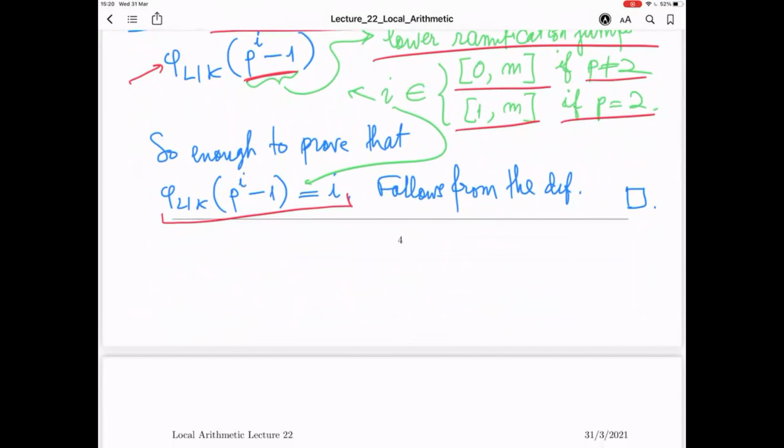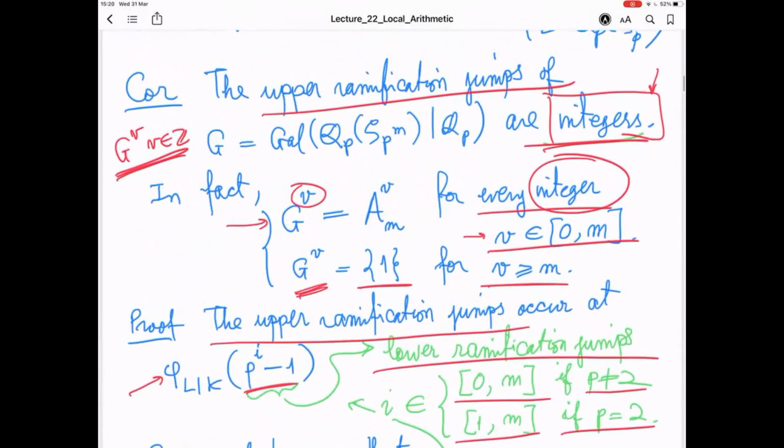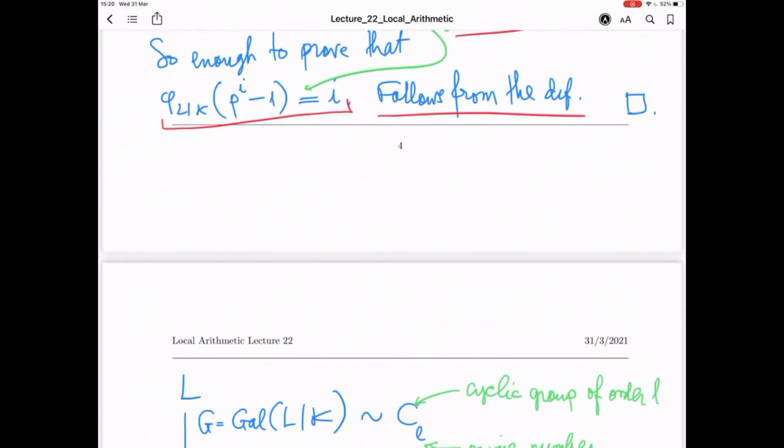I have not proved it; I'm just saying that it follows from the definition. You just have to plug in whatever the definition of phi was, as an integral. And that's it.